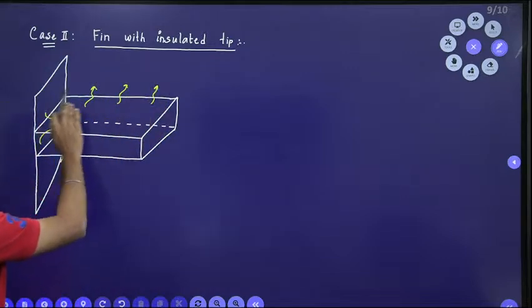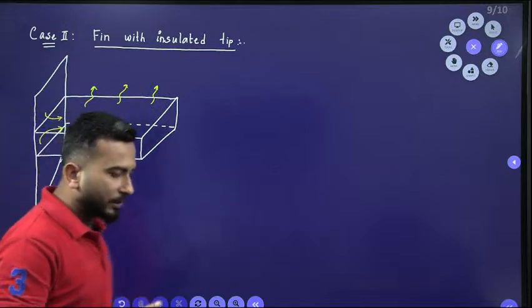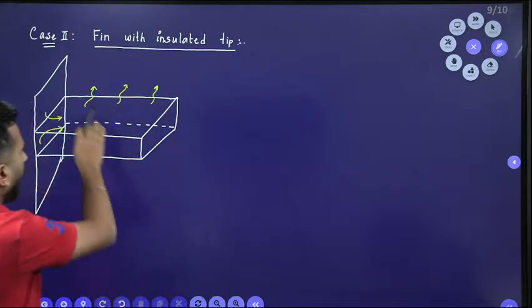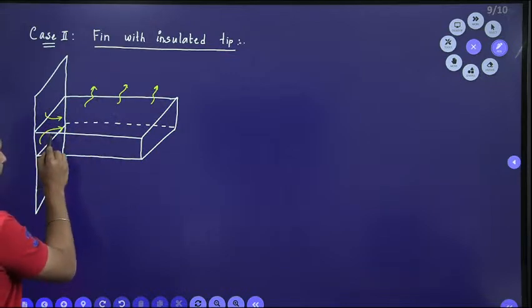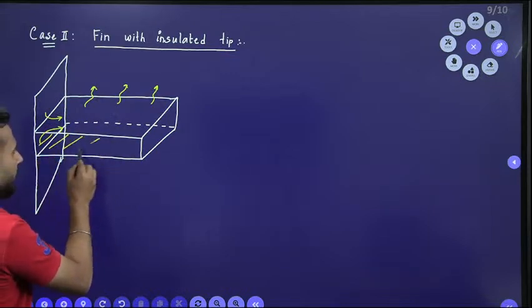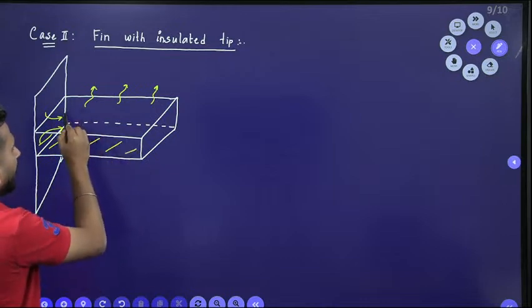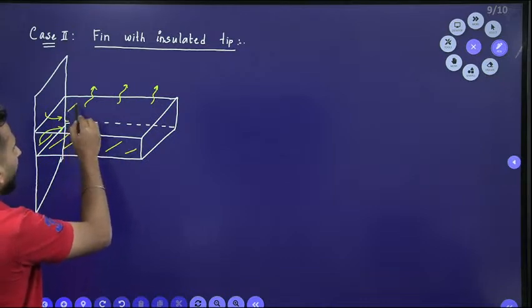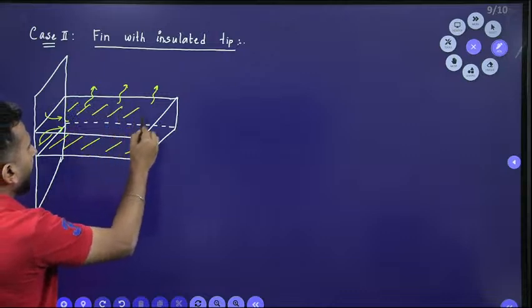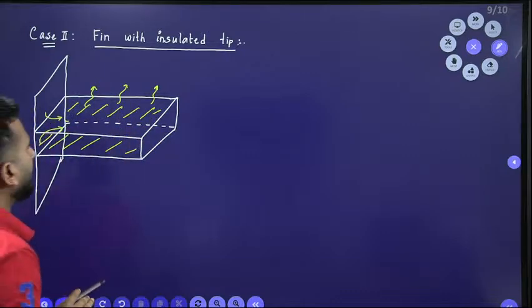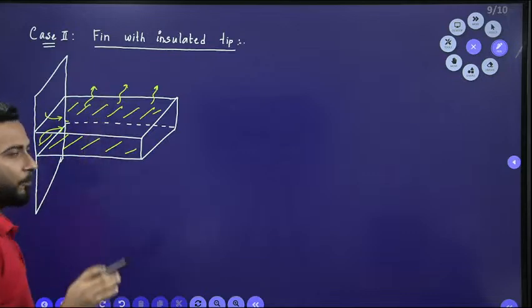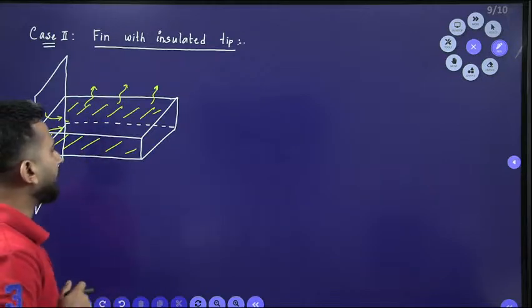Now, if you see the major areas of convection, it is the top surface, the bottom surface, and the side surfaces. From the base it is conducting, from there it is not convecting. So majorly I can say that 4 faces are there from which heat is convecting.